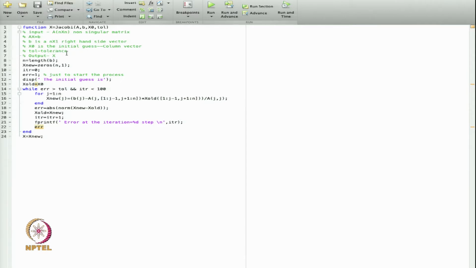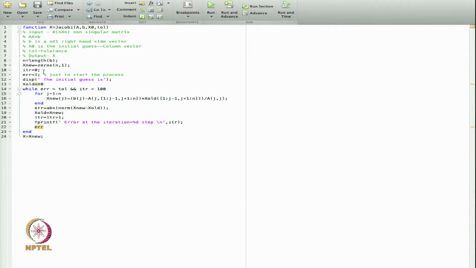Now I take the length of B, so that is my n, because it should be a square matrix. Now I take a new vector x new with all values 0, and it should be a column vector, so this is n by 1.